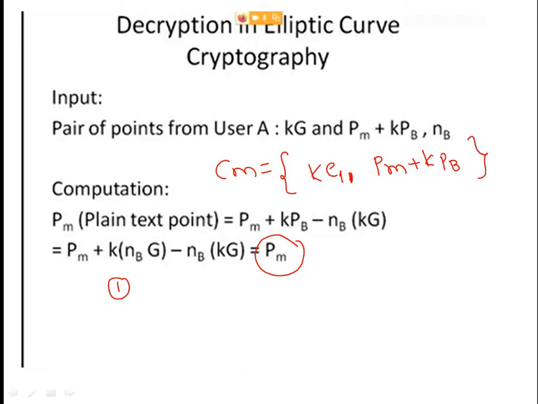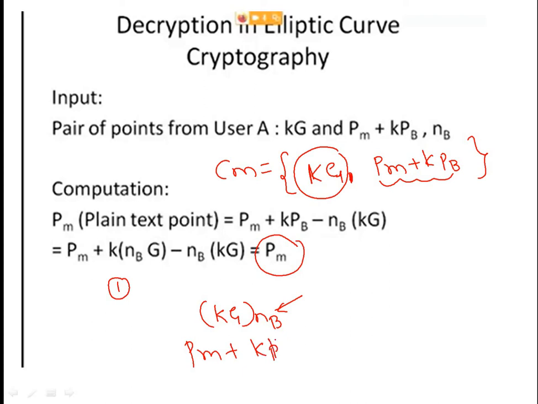So what is the first step in the decryption part? In the first step, we will multiply the private key of B to the first part. So it becomes kG into nB. Then in the second step, we will subtract this value from PM plus kPB. So it becomes PM plus kPB minus nB into kG.